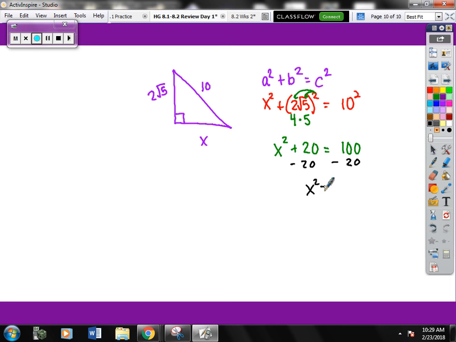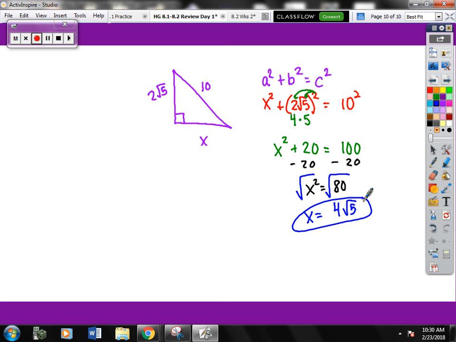Subtract. And if we were in algebra, we put a plus or minus. So just please be aware of that.